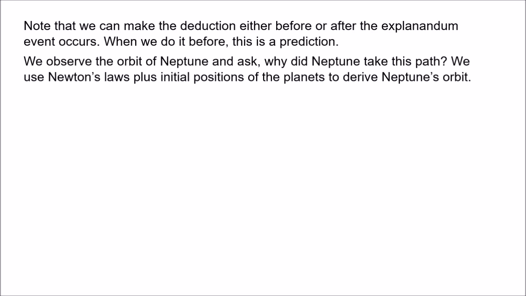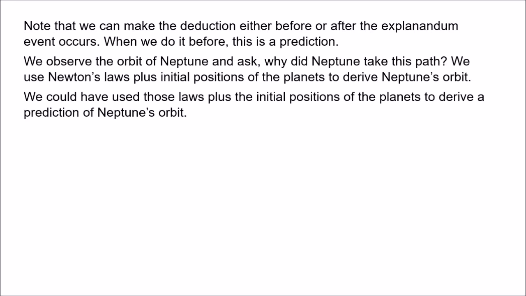Let's say we observe the orbit of Neptune, and we ask, why did Neptune take the path that it did? Why did it have that orbit? Well, we use Newton's laws, and we use an initial position of Neptune at some earlier time, plus the influences of the other planets and so on, to derive Neptune's orbit. That's an explanation. But obviously, at that earlier time, we could have used those laws, plus the positions of the planets, to deduce the path that Neptune will take later. And that would be a prediction.